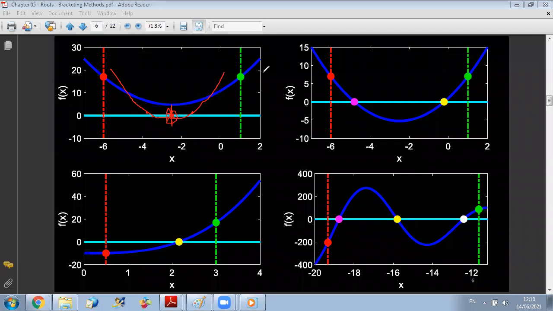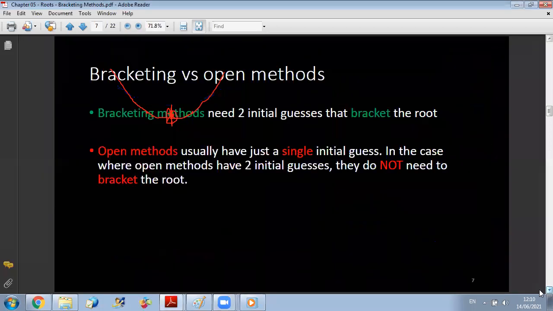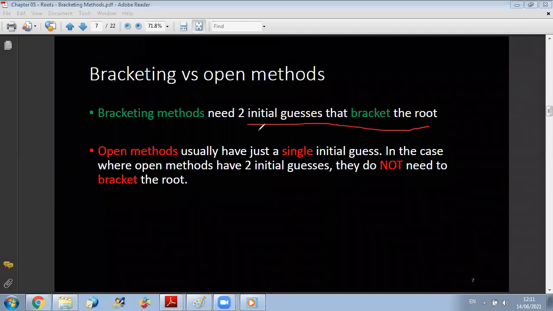So we will see an example about this. Mainly now, when we say bracketing method, we need to start with 2 initial guesses that bracket the root. This is one inconvenience about this method, because sometimes we need to iterate a lot to find this interval.